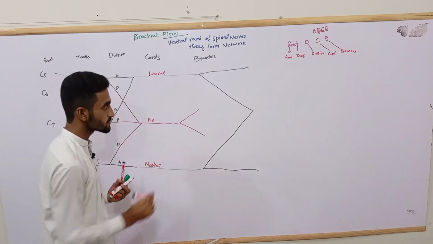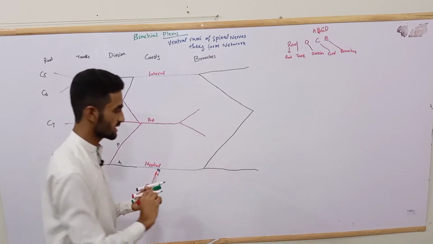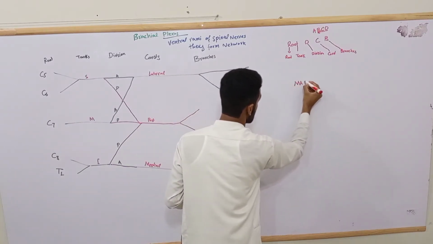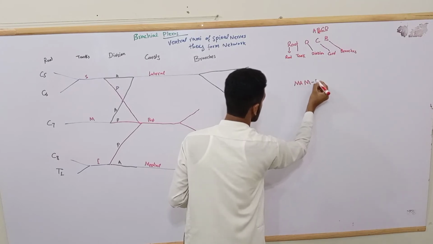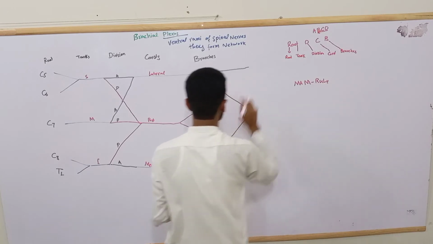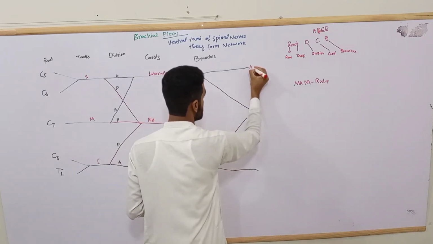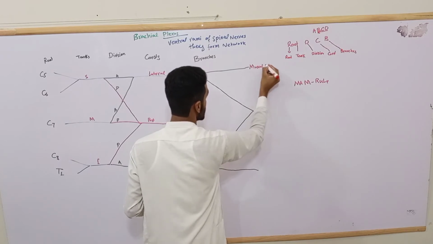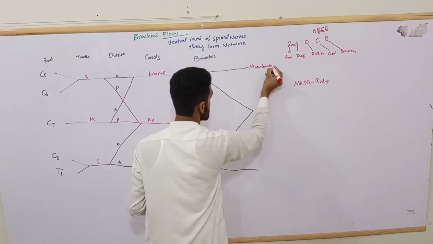So 5 nerves. The simple trick is the MAM rule. Just remember this, so you can easily add the branches. So MAM, first M right here, is your musculocutaneous. Make sense?